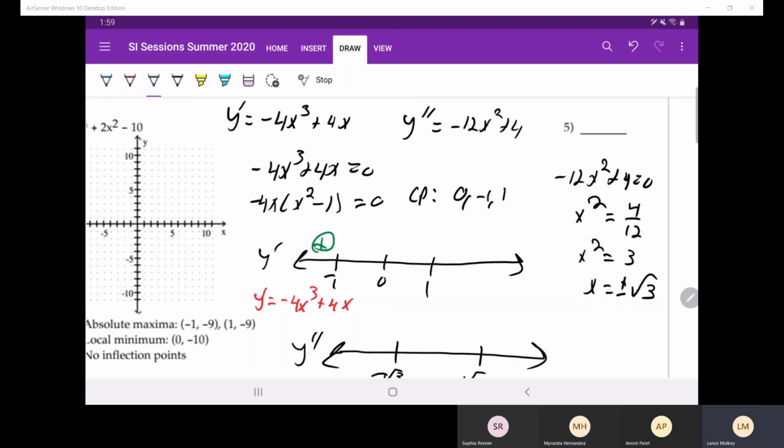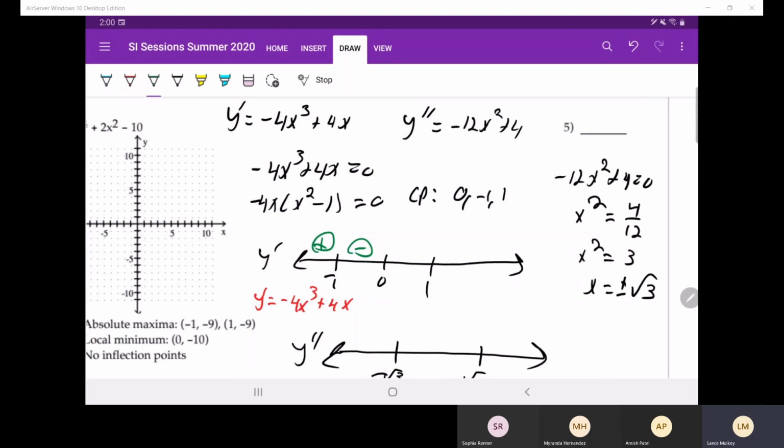It's going to be positive. Let's plug in a -0.5. So -0.5 is going to get really small when you cube it. It's going to stay negative. It's going to be positive. This is going to be 2. Plus 4 times. And it's going to give you a negative value.